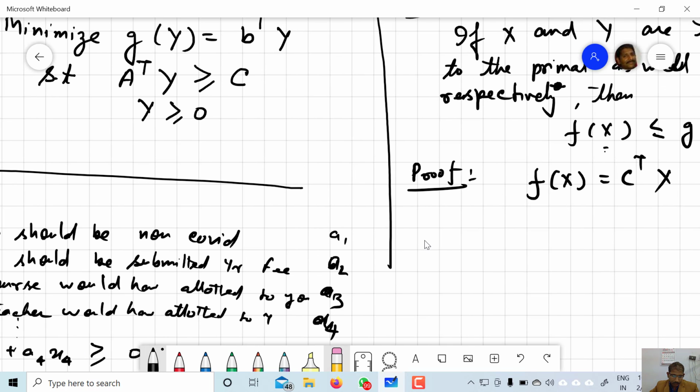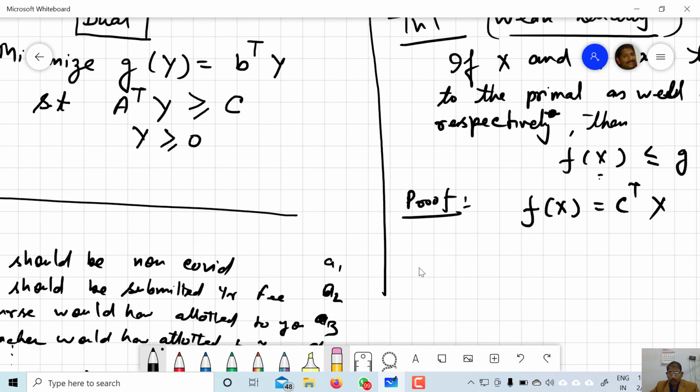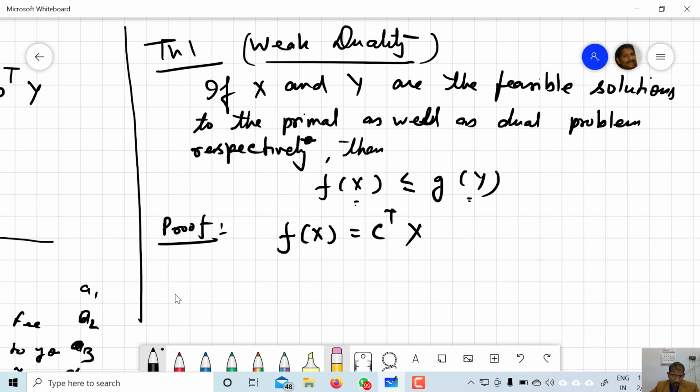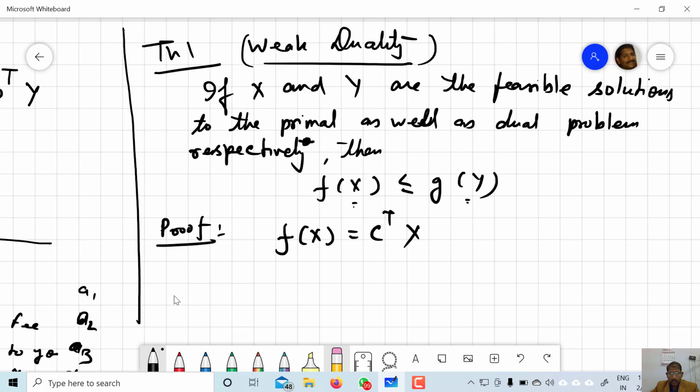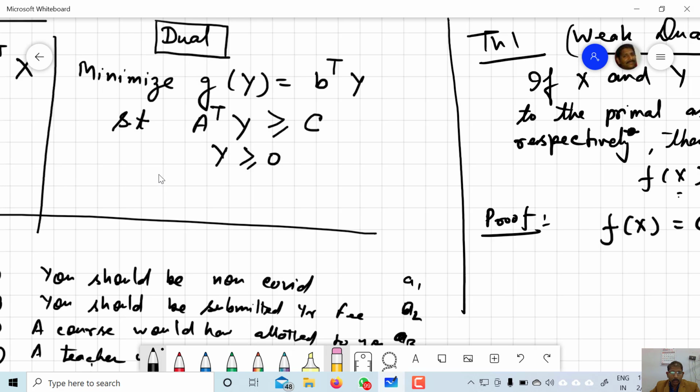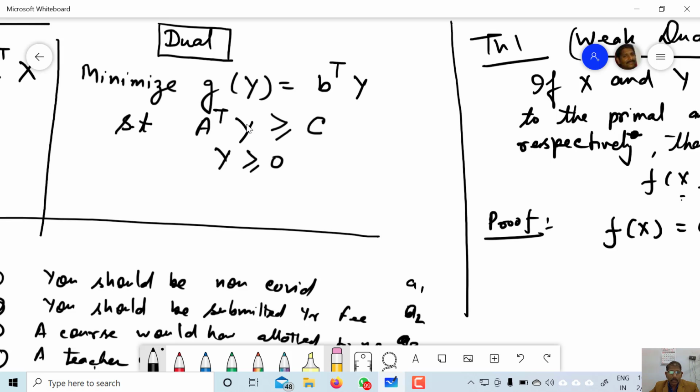From the dual constraint, A transpose y is greater than or equal to C.